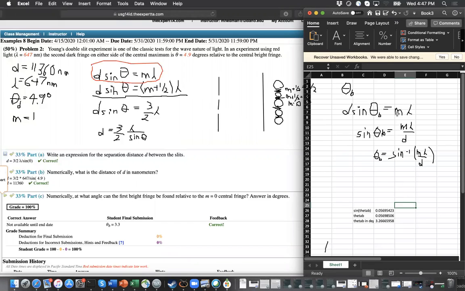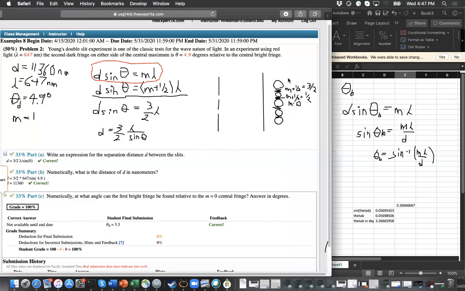In this case we had m was 1. So if we take 4.9 and divide by 3/2, which is 1.5, we also get 3.3. So we could have just recognized that since this is at 3/2 and this is at 1, this should be 2/3 of the way there, and 2/3 of 4.9 is 3.3.